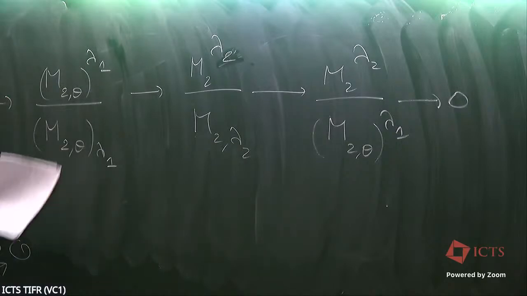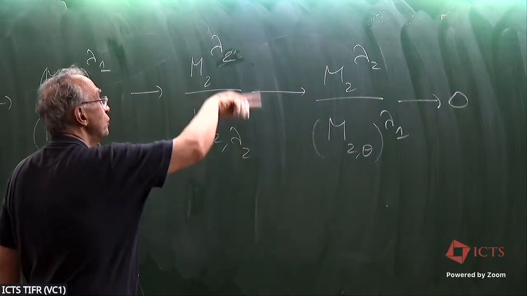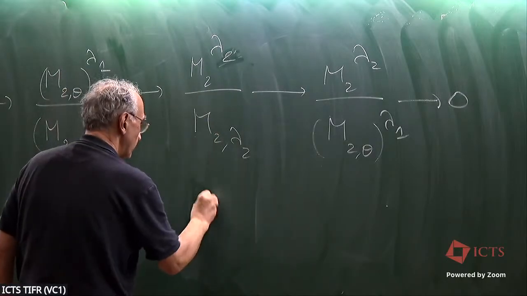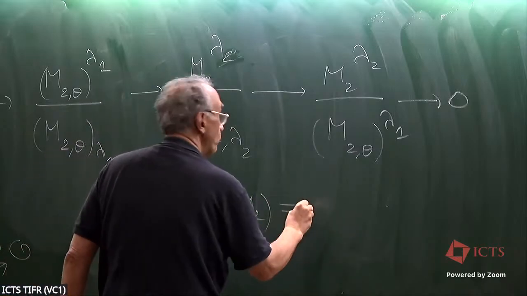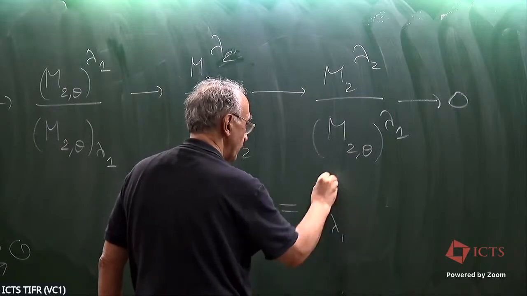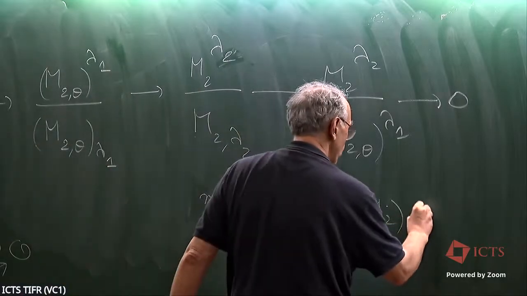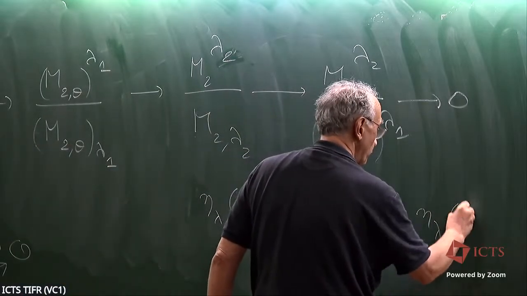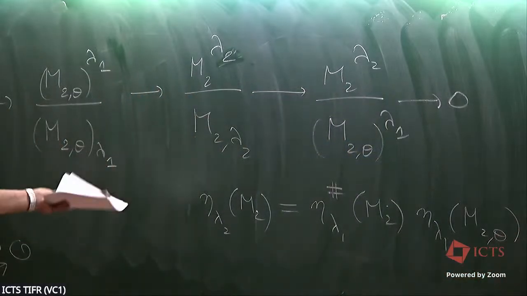But the consequence is that the length of this module is eta lambda 2 of M2. And so it is the product of the length of this module, which by definition is what I called eta lambda 1 sharp of M2, times the length of this module, which is eta lambda 1 of M2 theta. So this formula is always true.